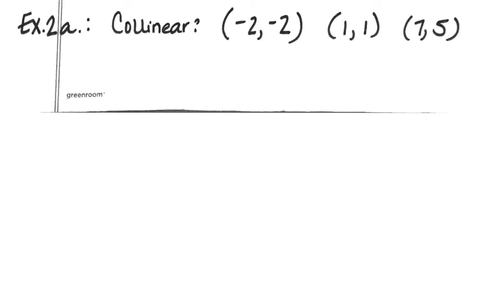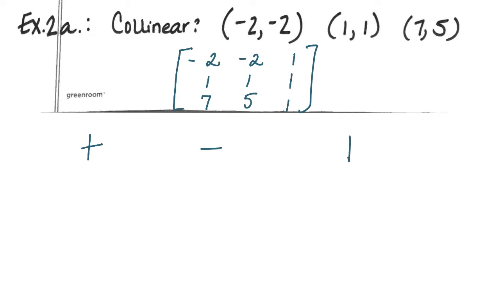So let's practice again. I pretty much told you the answer to this because I told you it's going to be collinear. But we're going to go ahead and set it up. So remember, the first thing I'm going to do is set up my matrix, -2, -2, and the 1s go all the way down the third column. 1, 1 will be my next point, and 7, 5 will be my next point. So we're going to set it up as positive, negative, positive, and don't forget we're going to take the positive of 1/2 of whatever this becomes.